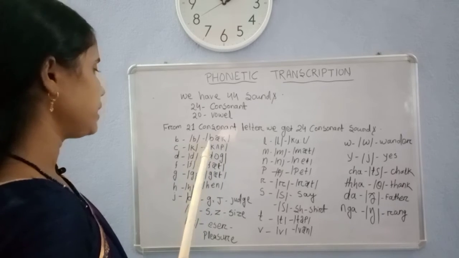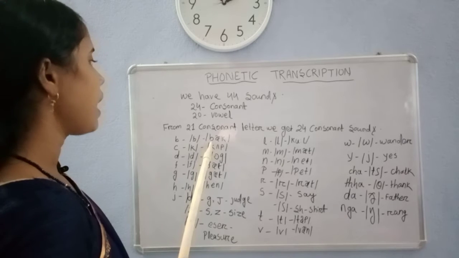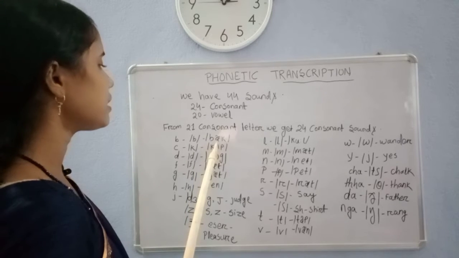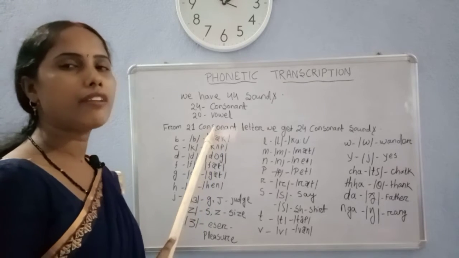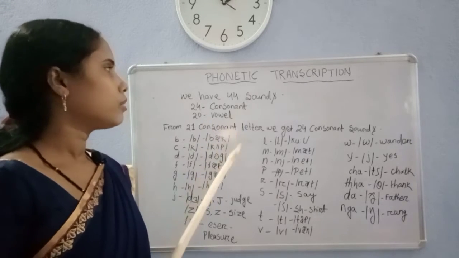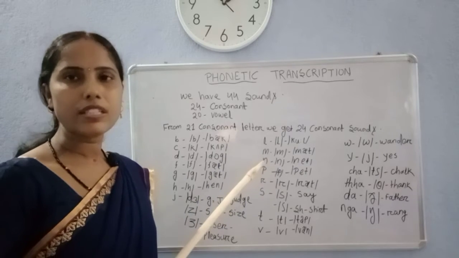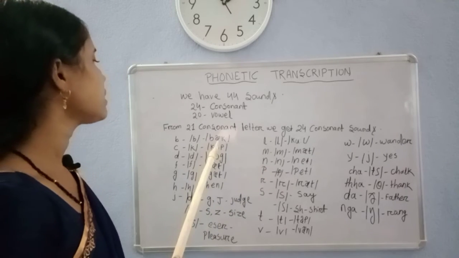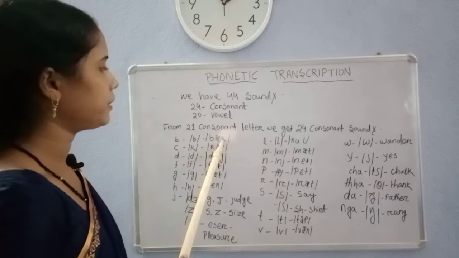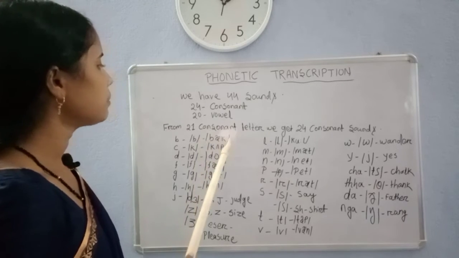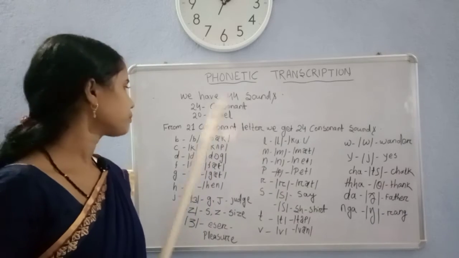For B, this is the bo sound, and for A, this is the transcription of the vowel sound. In my next video, I will explain the phonetic transcription of the vowel sounds. So this is the A sound, then the ko sound, and also put this between slash marks.